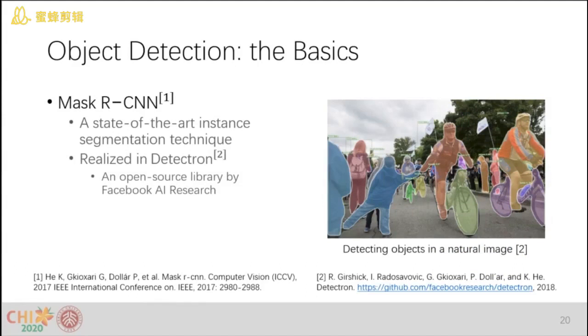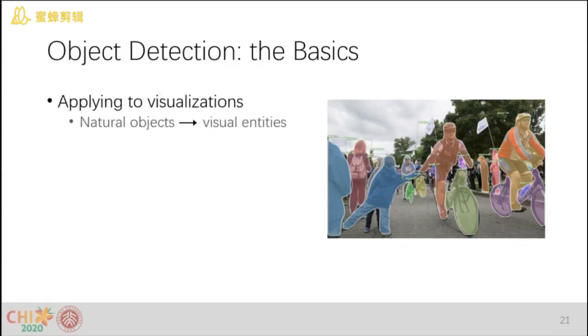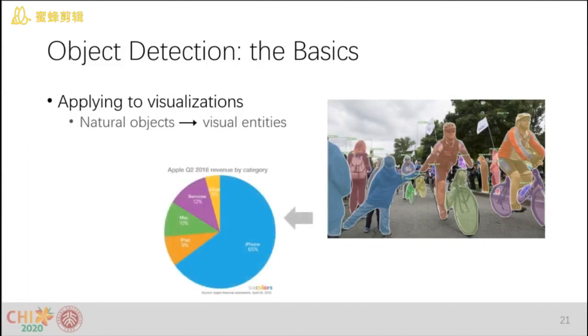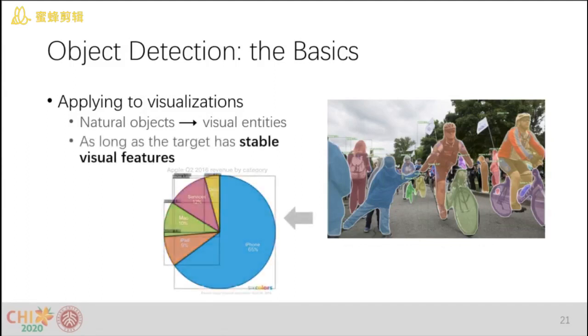An implementation of it is provided by Detectron, an open-source deep learning library. Mask R-CNN is widely used in computer vision, but never applied to visualizations. Theoretically, it will work as long as the target has stable visual features.